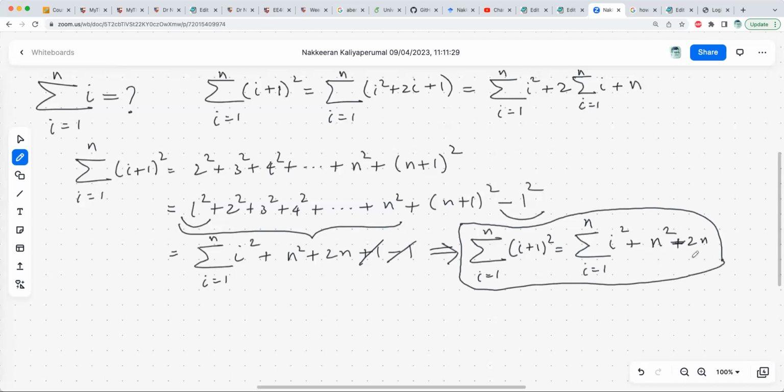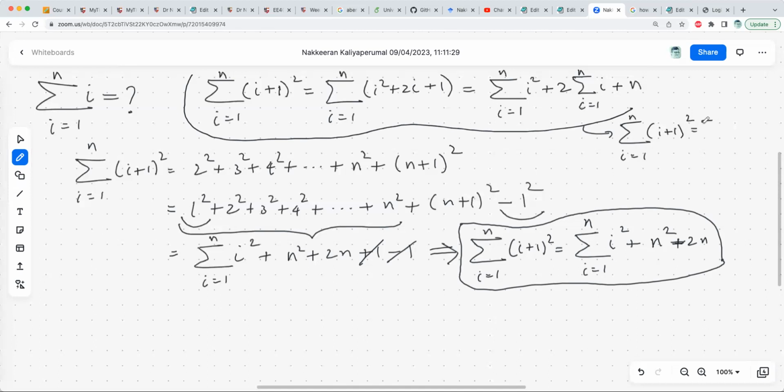From this whole workout, we got the summation of (i plus 1) whole squared, i equal to 1 to n, is actually equal to the summation of i squared, i equal to 1 to n, plus 2 times the summation of i, i equal to 1 to n, plus n.